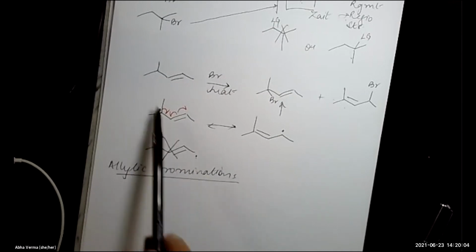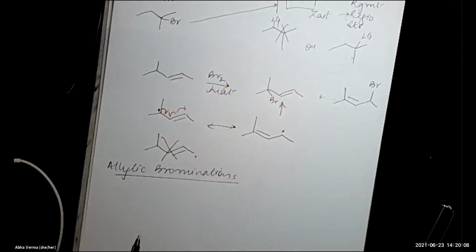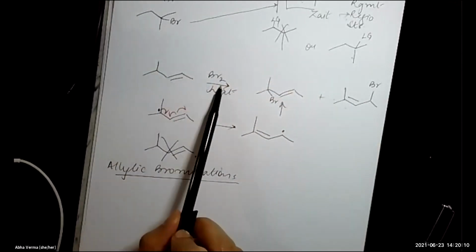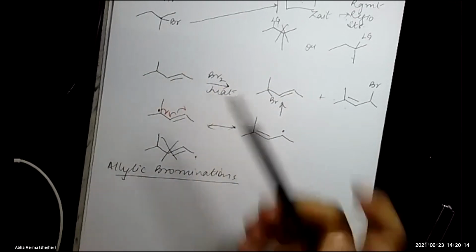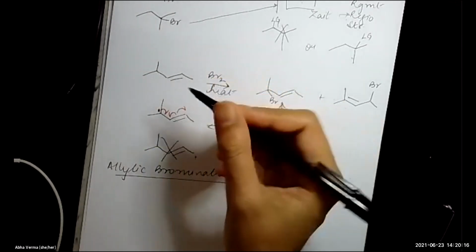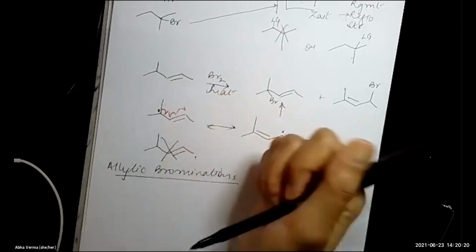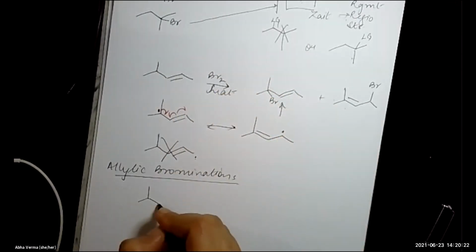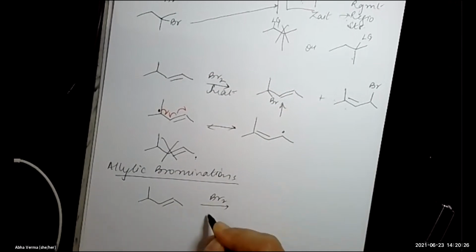When you look at this particular reaction, there is an allyl, no doubt, and there is heat, no doubt. But what other reaction have we seen with bromine and alkenes? We have seen the electrophilic addition reactions.